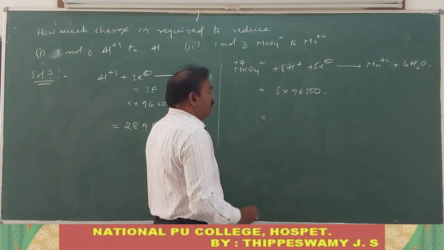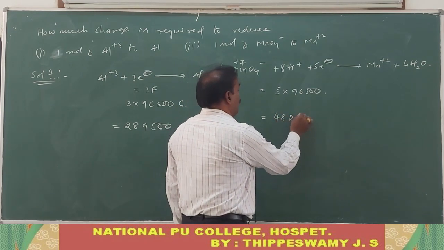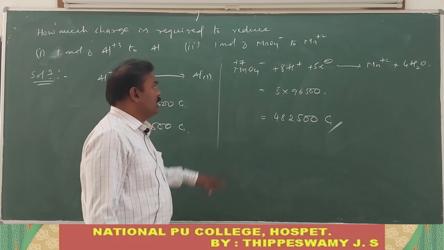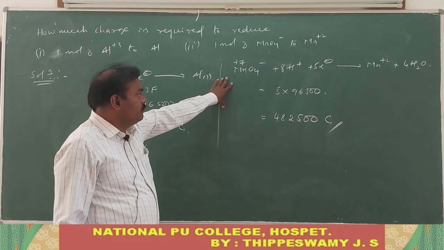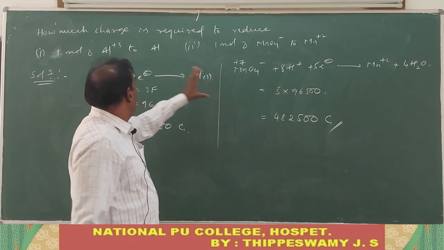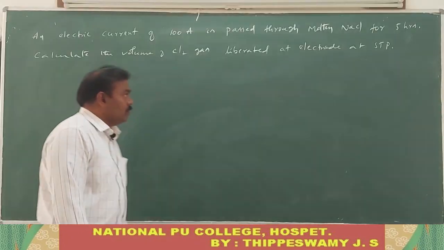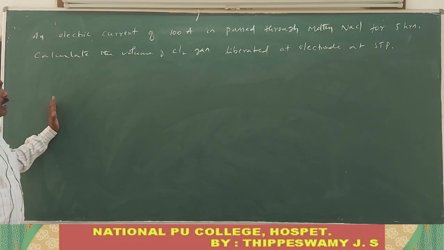This will be equal to 482,500 coulombs. Okay, this is about a calculation of the charge required to reduce so and so substances. Okay, now we shall take another one.